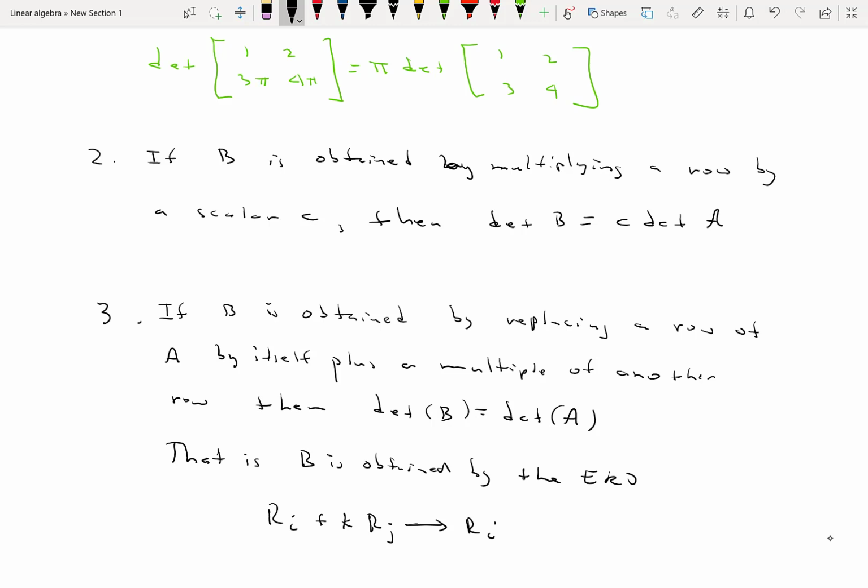Don't worry about proving it. That one's a little bit elaborate. I'm going to look very carefully at this theorem, and we'll do that by looking at, let's say, a true or false question.